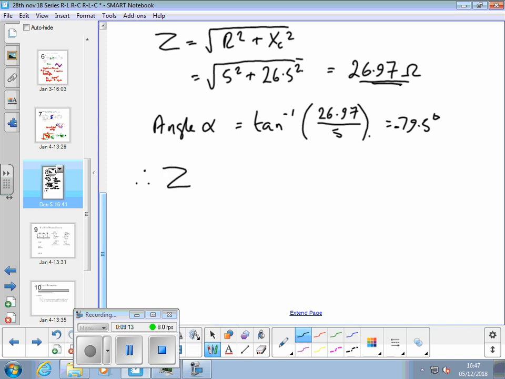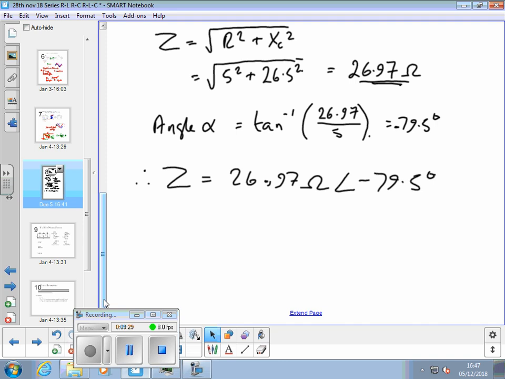Therefore Z is equal to 26.97 ohms at an angle minus 79.5 degrees. And then we could, if we wanted to, calculate the current.